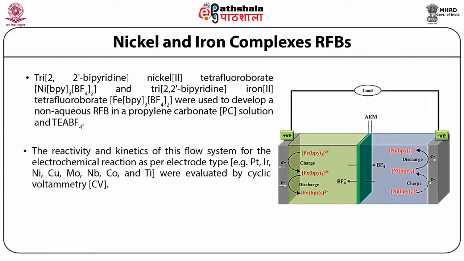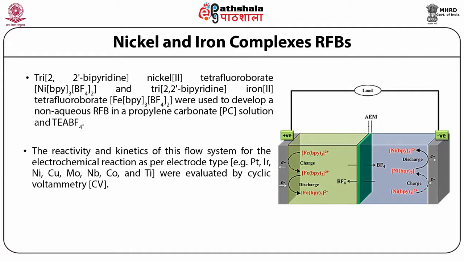The reactivity and the kinetics of this flow system for the electrochemical reaction as per electrode type, for example platinum, Ir, nickel, copper, molybdenum, niobium, cobalt and titanium were evaluated by cyclic voltammetry or CV.